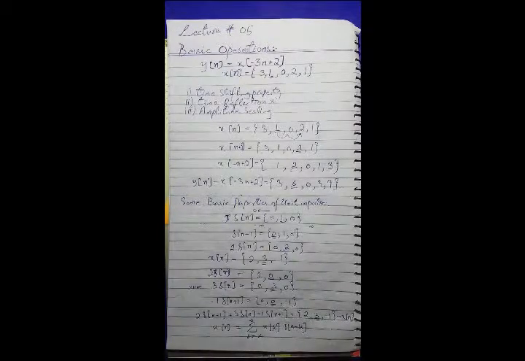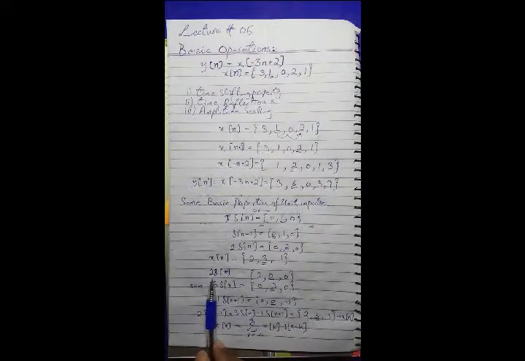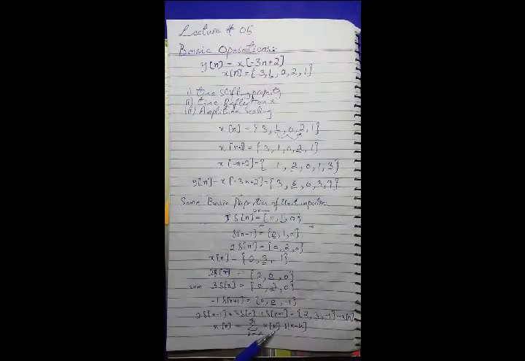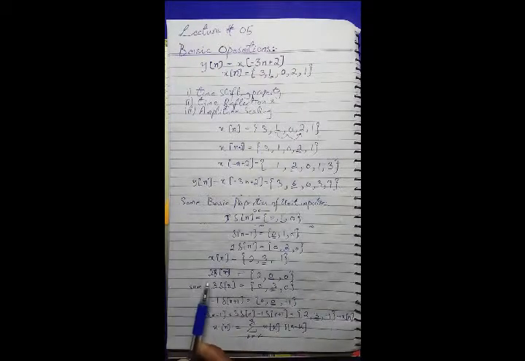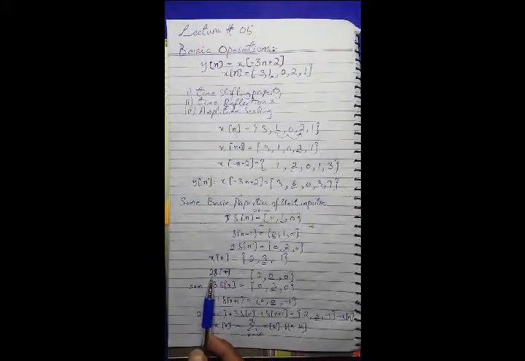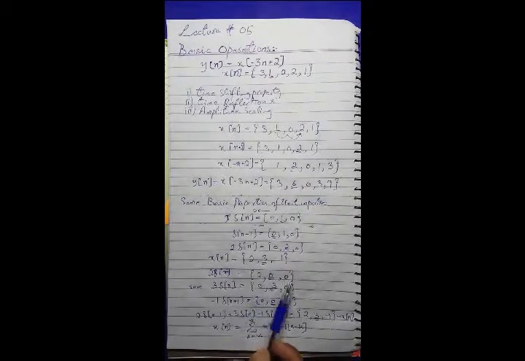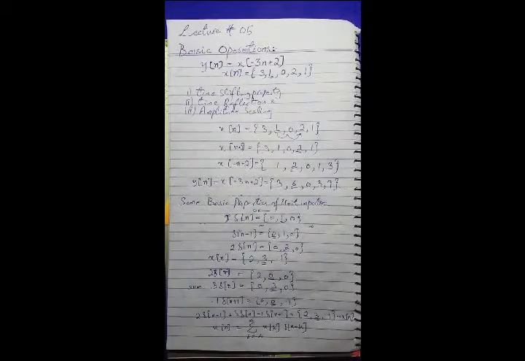So we take the value of x of n at a particular index and multiply it with a shifted version of the impulse signals. Here we have taken the value at one index and scaled it by 2 to make this part, and we have applied the summation and got this signal x of n.